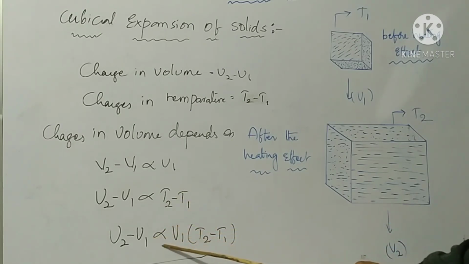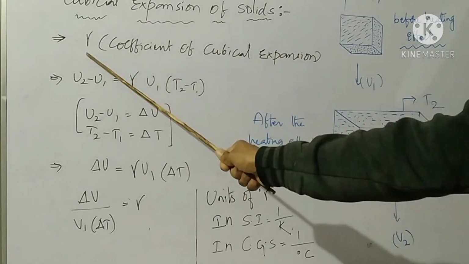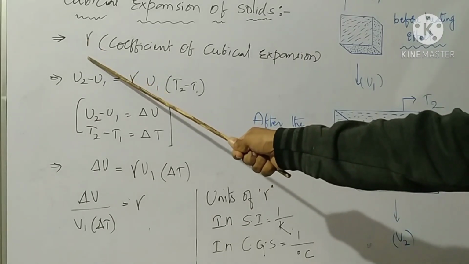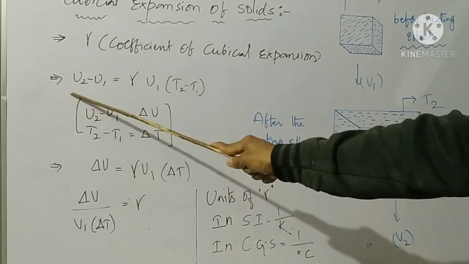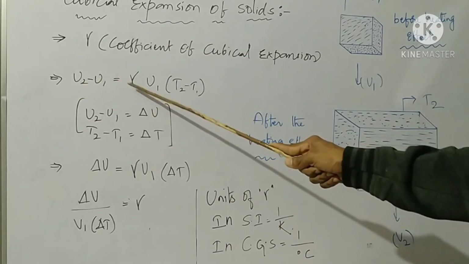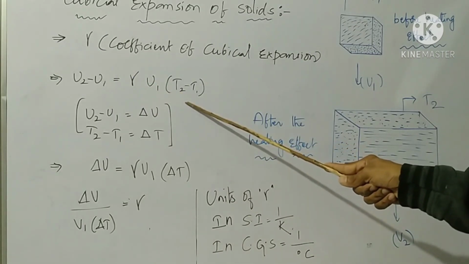Let us remove this proportionality using a coefficient. The coefficient is called gamma. Here gamma is the coefficient of cubical expansion. So V2 minus V1 is equal to gamma into V1 into the change in temperature.